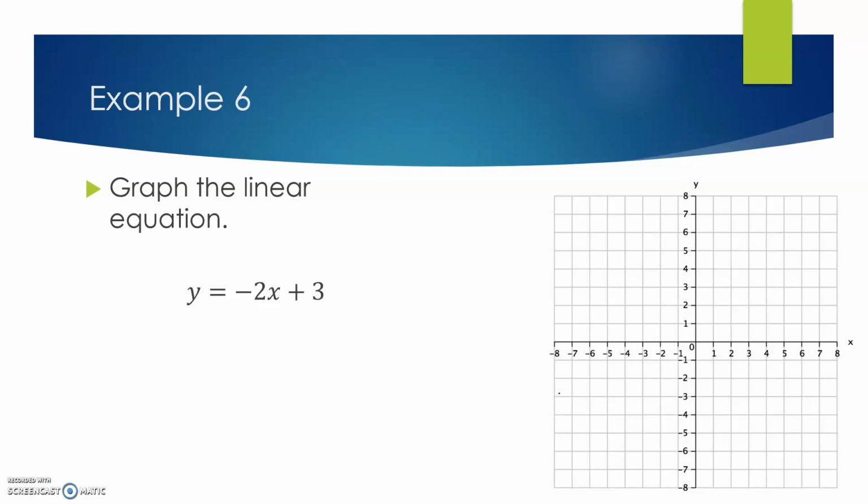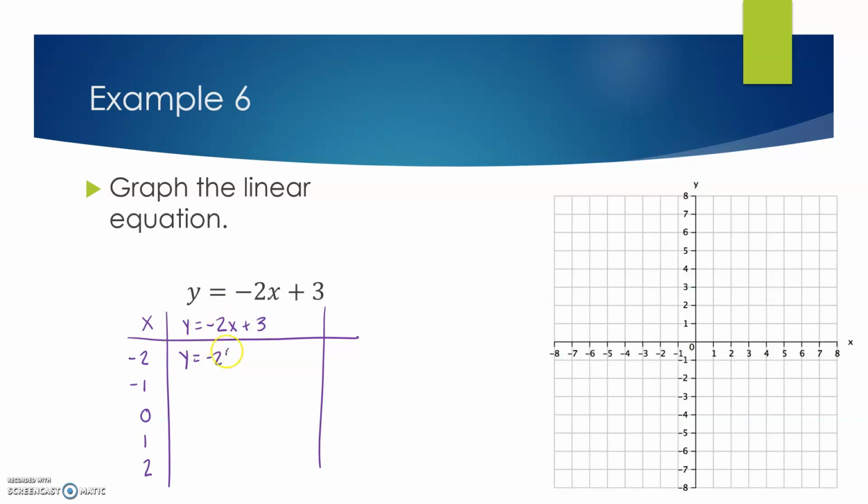So for this one, we would have our table. And I'm going to have my linear equation in the middle. So when I would do y equals -2 times -2, I'm substituting in -2, not +2 yet.